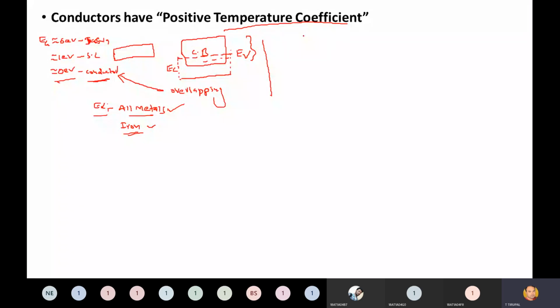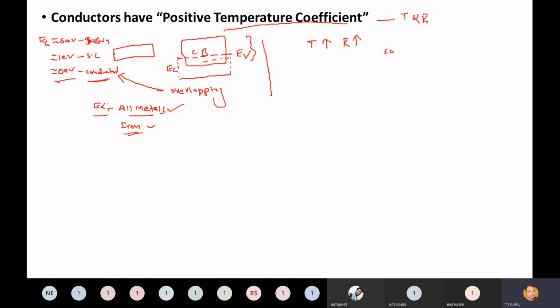What is a positive temperature coefficient? It tells you the relation between temperature and resistance. Positive means it is increasing. So as temperature is increased, resistance also increases. Resistance increases means what about conductivity?